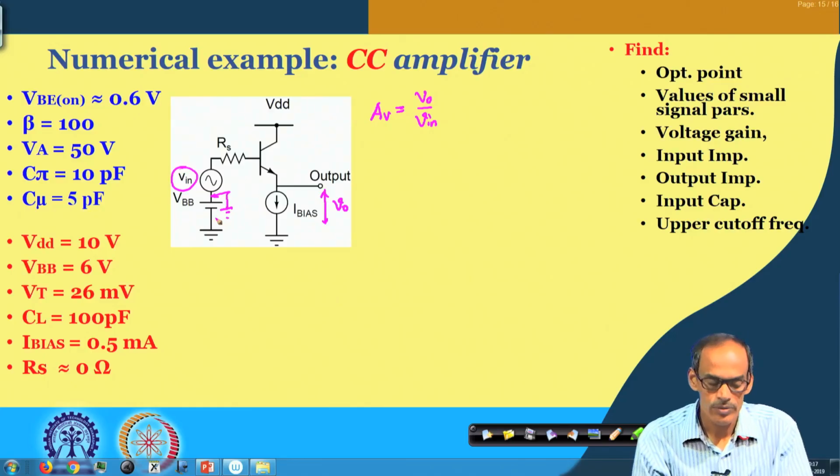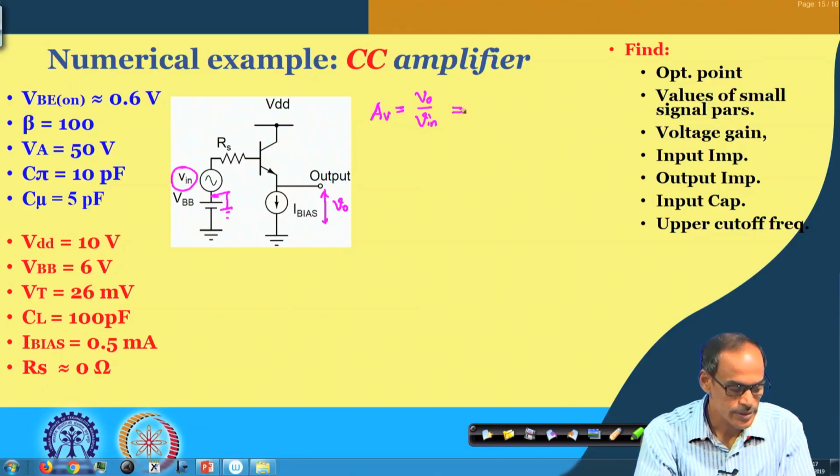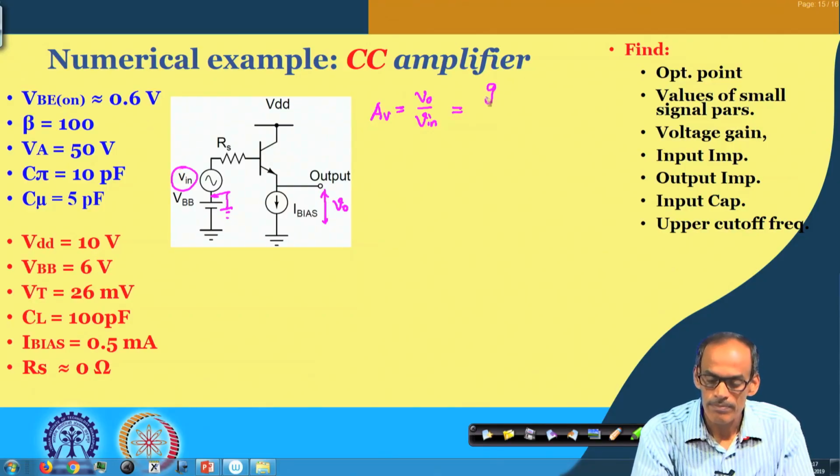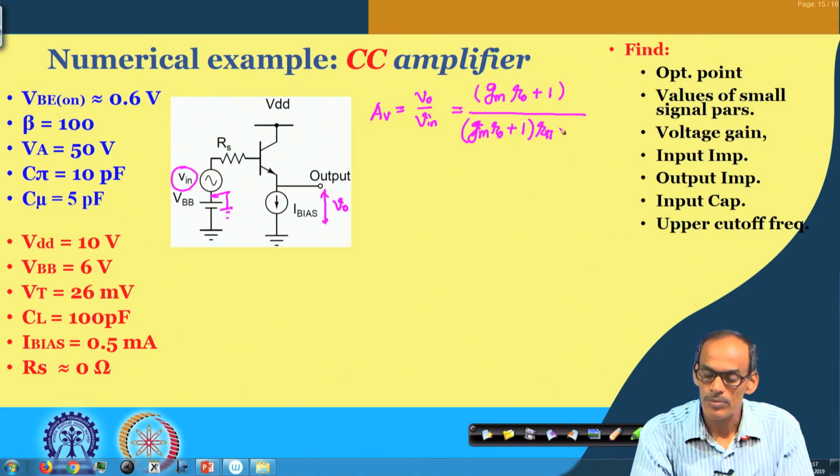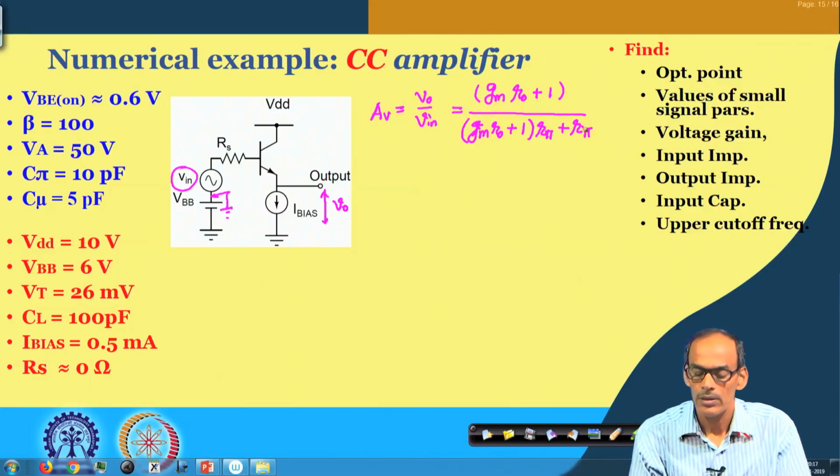Now, the expression of the voltage gain you may recall for this circuit is gm into r naught plus 1 in the numerator, and then in the denominator we have gm r naught plus 1 into r pi plus r pi. And just now we have discussed gm into r naught.